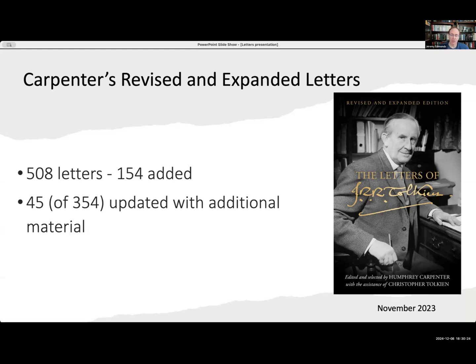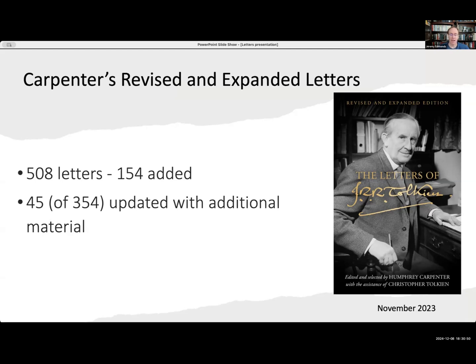So from the original draft, they then trimmed material, and the 1981 edition with 354 letters is what resulted. And at some point recently, the draft was rediscovered or reemerged from wherever it was being stored, and HarperCollins, with the permission of the family and the estate, decided to publish that.